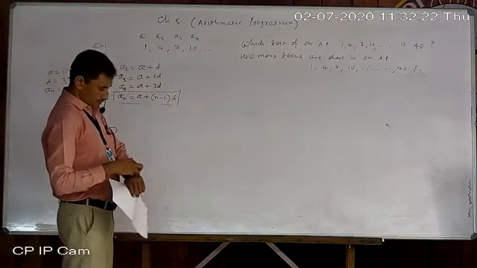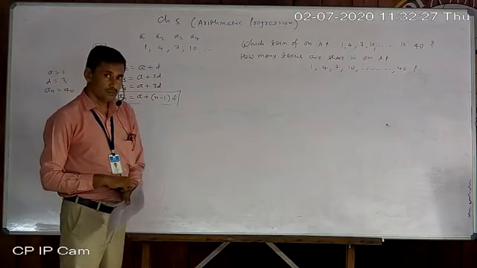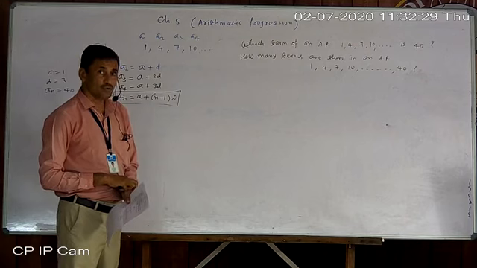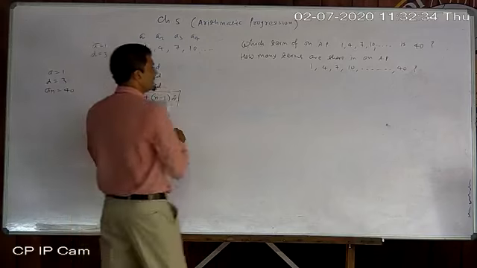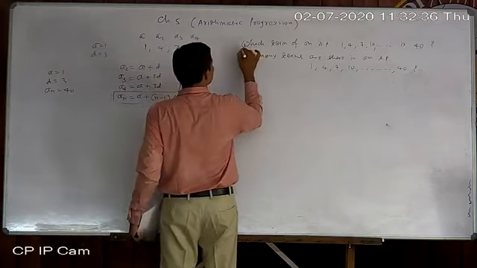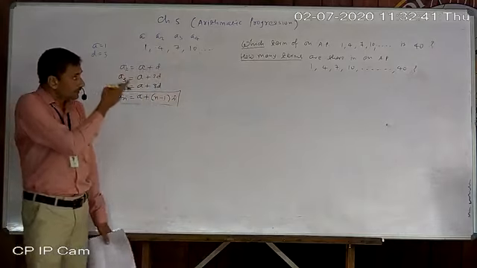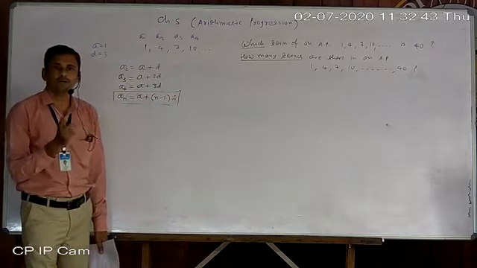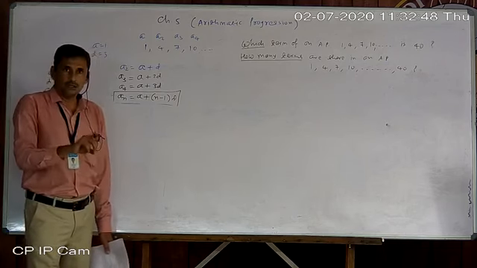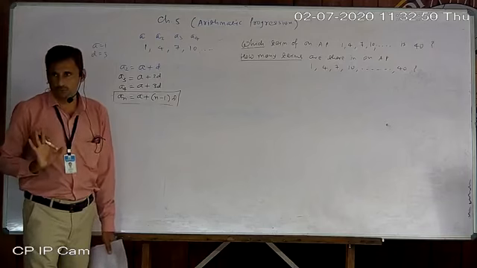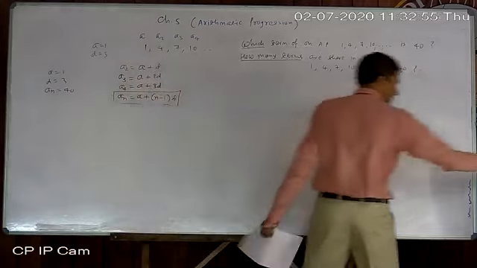Both are asking at which place 40 is there. This way you can know that the given 40 is not the value of n. It is the value of a_n. This sequence number you don't know. Now we try to find its sequence number.